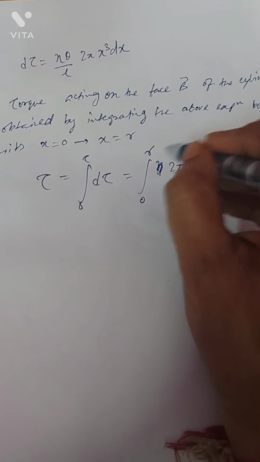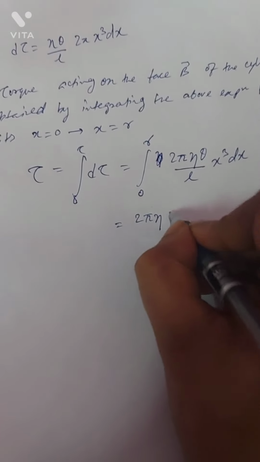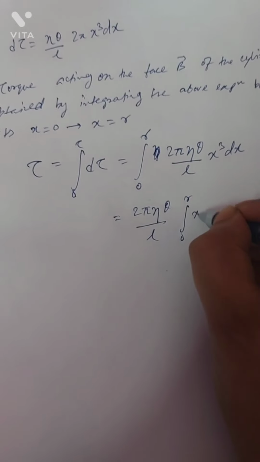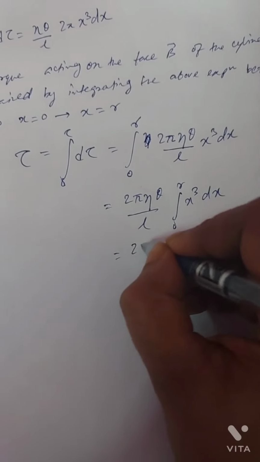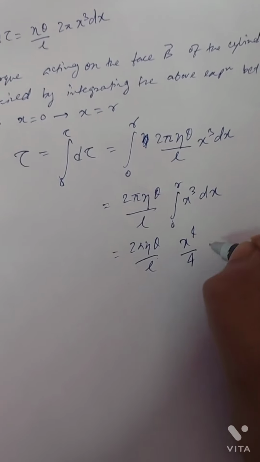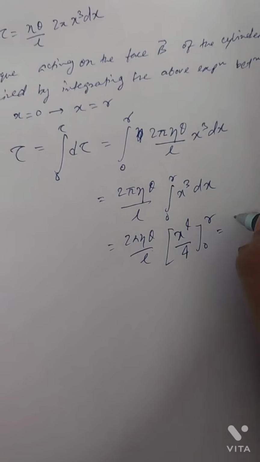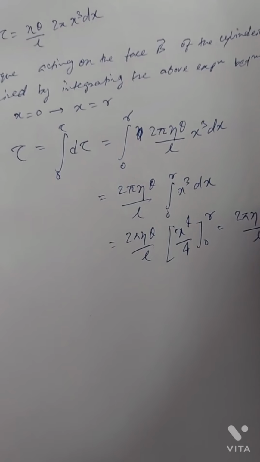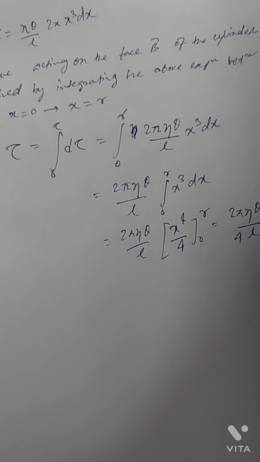Now this is twice pi eta theta by L, these are all constants, integral from 0 to r of x cube dx. So this is twice pi eta theta by L times x to the power 4 by 4, from 0 to r, which is twice pi eta theta by L, with 4 common, r to the power 4 minus 0.